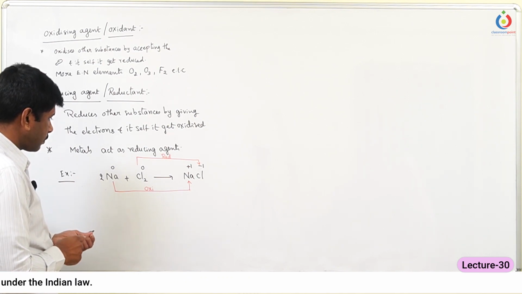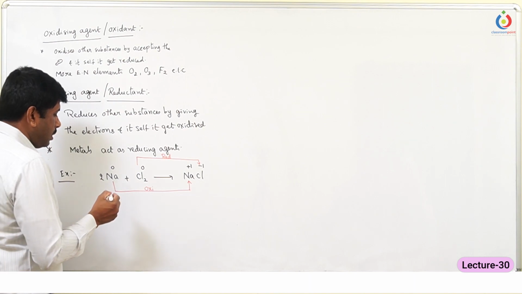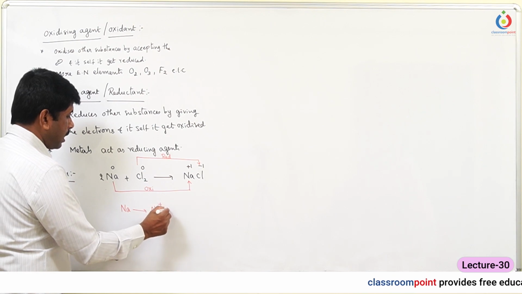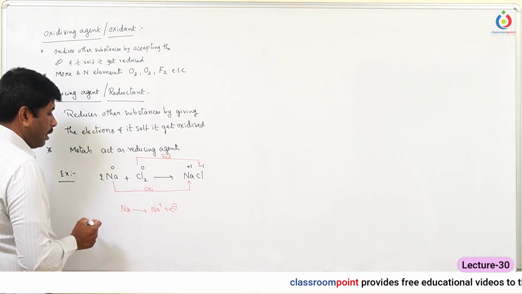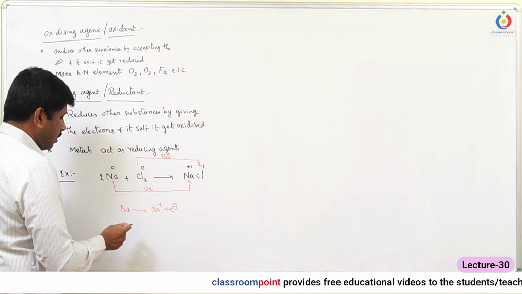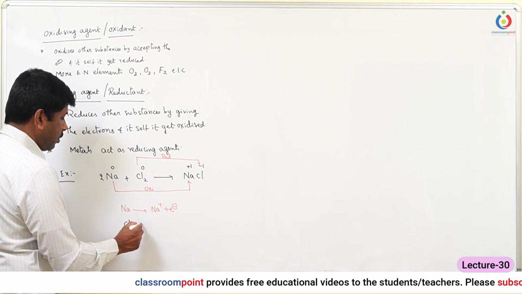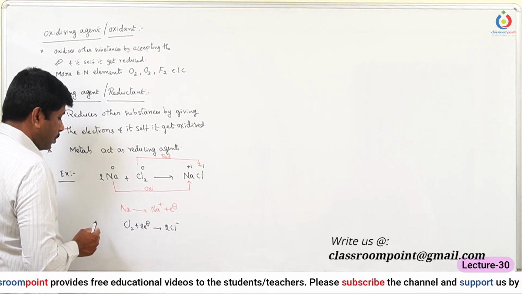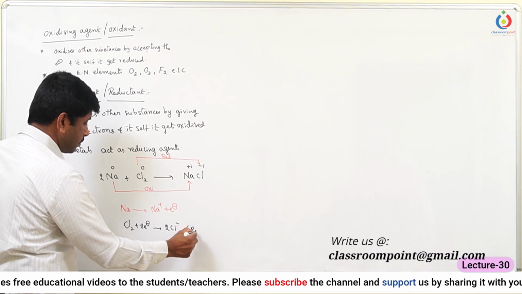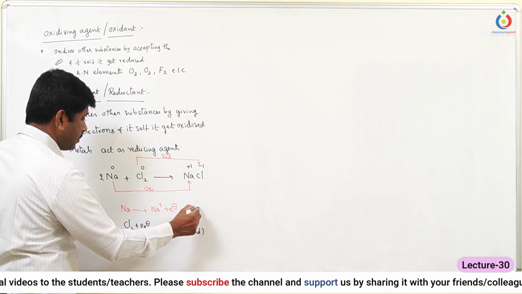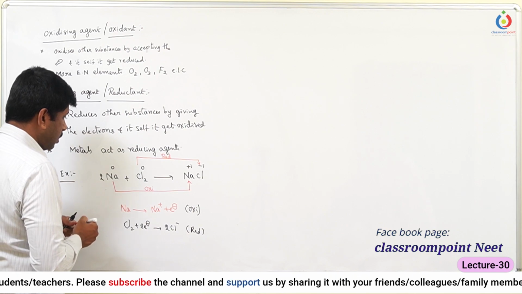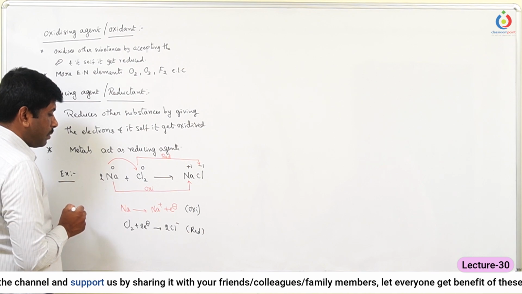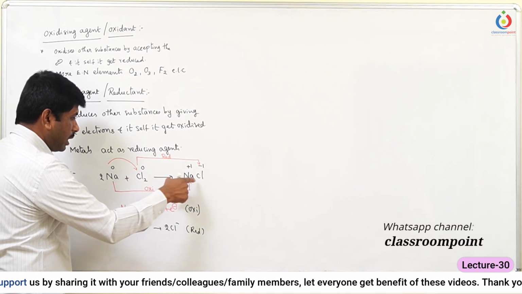So now in this process, who is giving electrons? See, sodium lost electrons and converted into the Na+ form, and later chlorine Cl2 gained those electrons and converted into the Cl-. So here this is the reduction process and this is the oxidation process. So in this case, sodium is indirectly donating the electrons to the chlorine, and sodium makes the chlorine get reduced.